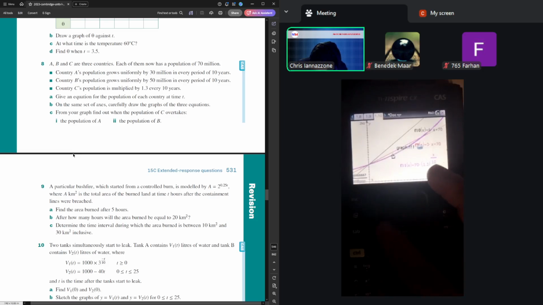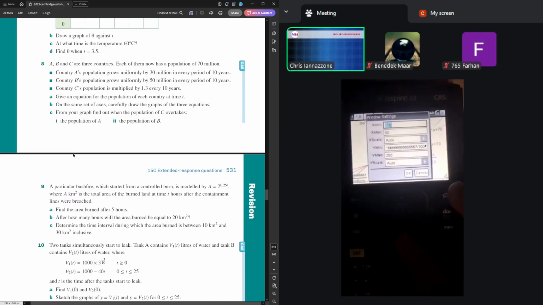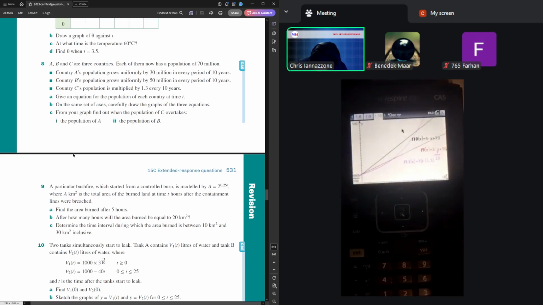So for a while it is lagging behind and eventually surpasses country A, and if we let this go on for longer, we'll eventually surpass country B. So it's not necessarily just a given that exponential will beat linear or any other type of graph for that matter.